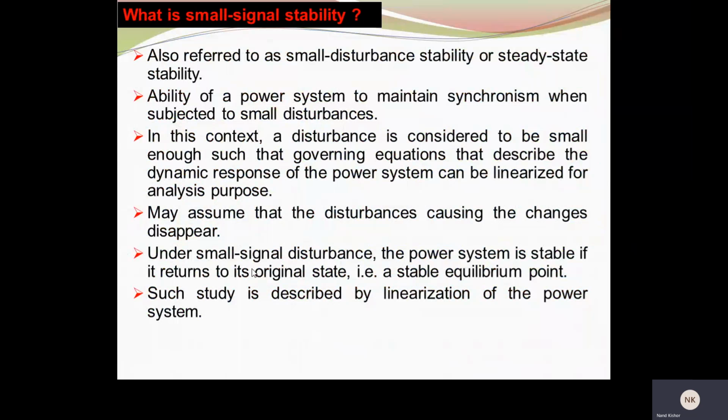So that means under small disturbance, the power system will be stable if it returns to the original state of equilibrium here. And such a system, as I said, is described by linearization of the power system here.